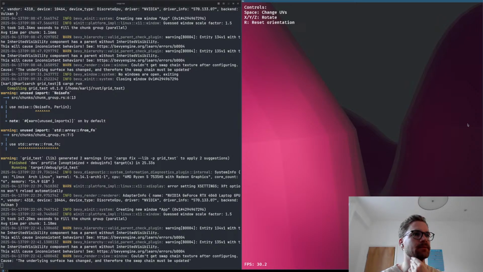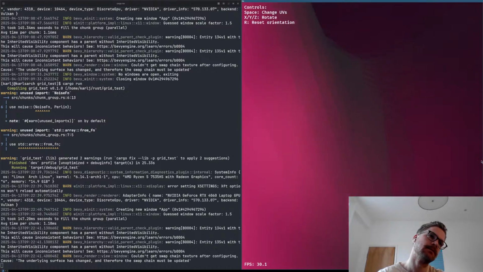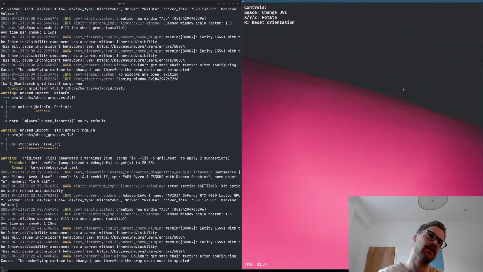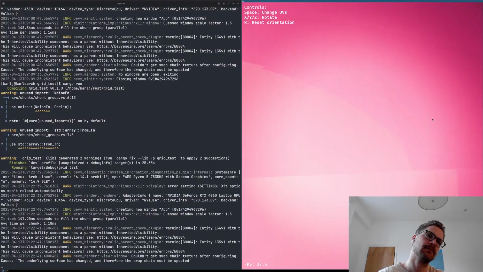Above it, density will be reduced, but at a slower rate. Should be the opposite though. Now it's behaving.